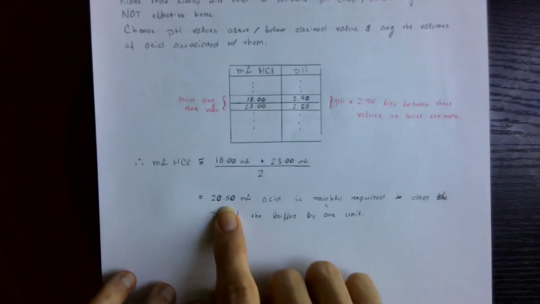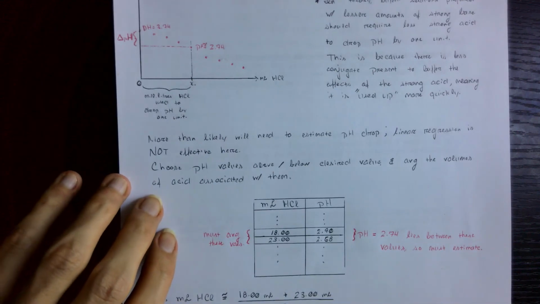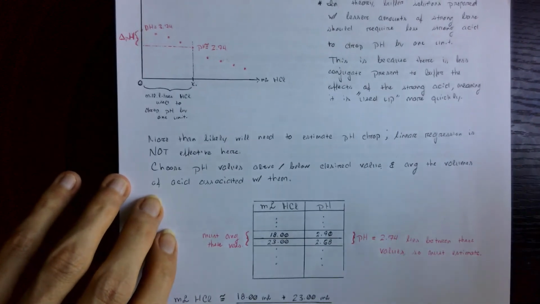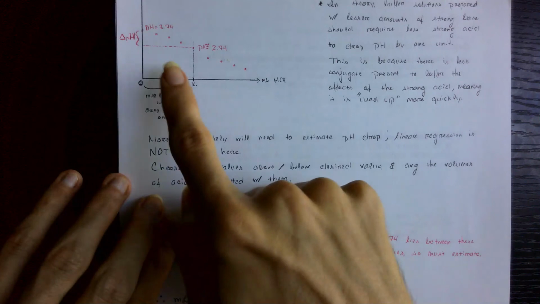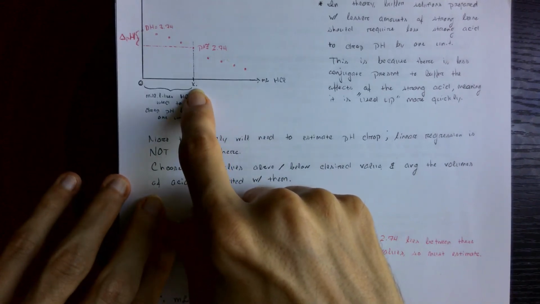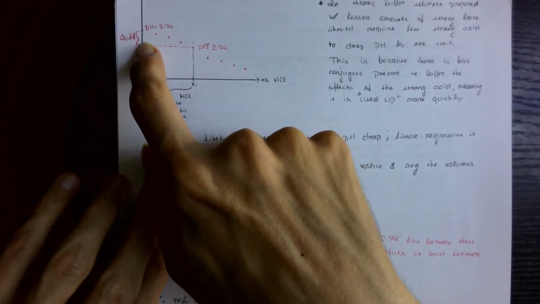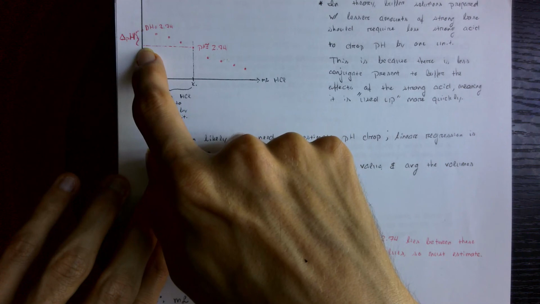That gives me 20.50 milliliters. So I'm going to say for this example, it takes about 20.50 milliliters of acid to drop the pH by 1 unit. That's what my X here should be, roughly. It would be about 20.50 to incur a pH drop of 1 unit.